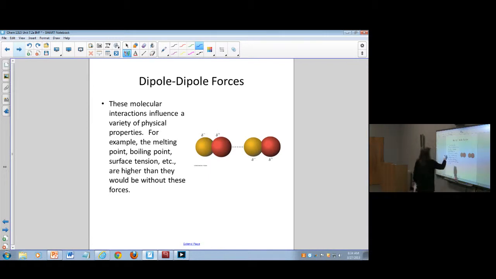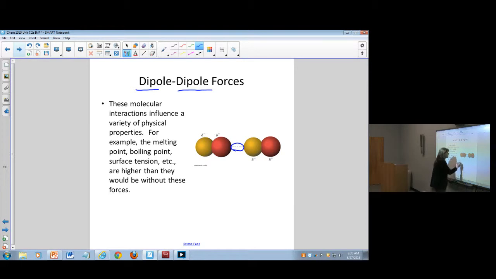Then there are dipole-dipole interactions. So you have two different molecules, or more, obviously, and the interaction is the space between these two molecules. That intermolecular force is relatively strong. The reason is that any molecule that is polar has some kind of charge.